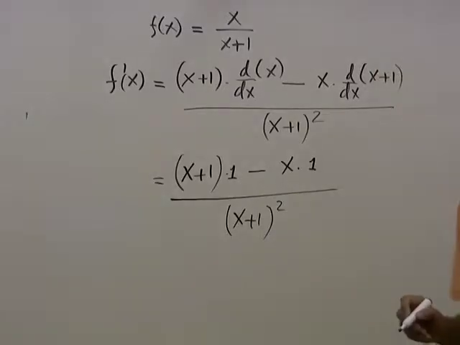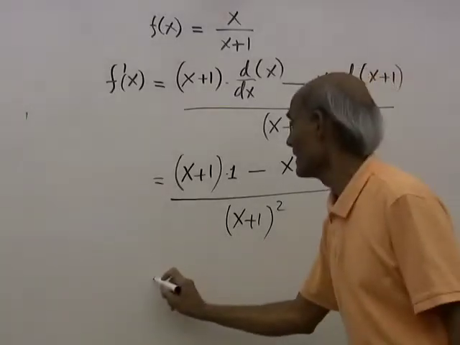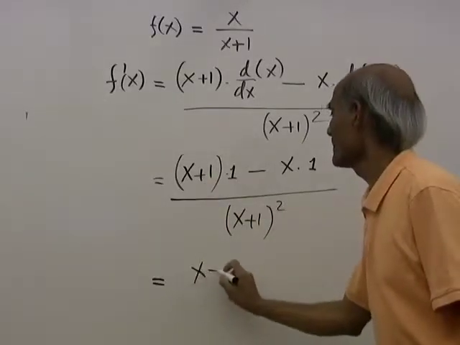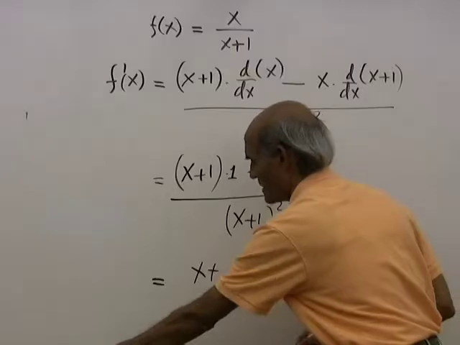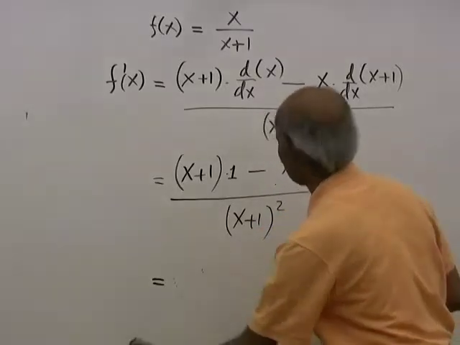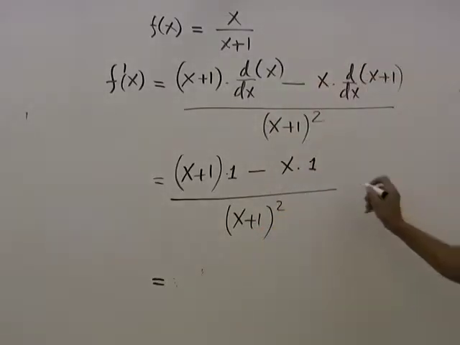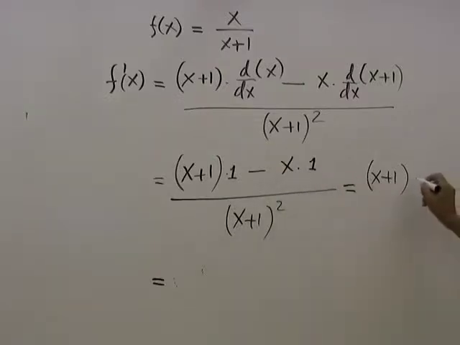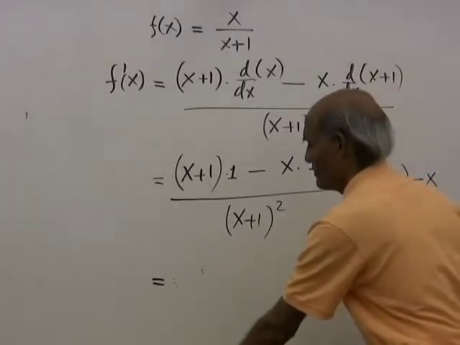There you go. Simplify that again, and that will be x plus 1, let me write that properly, x plus 1 minus x, all over x plus 1 raised to the power of 2. And what does that give you?